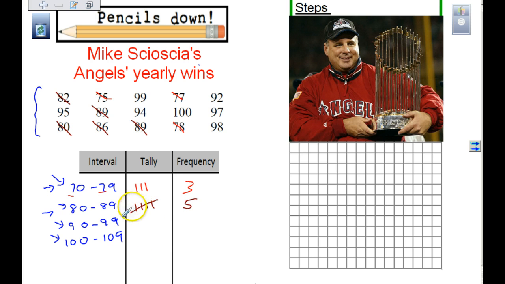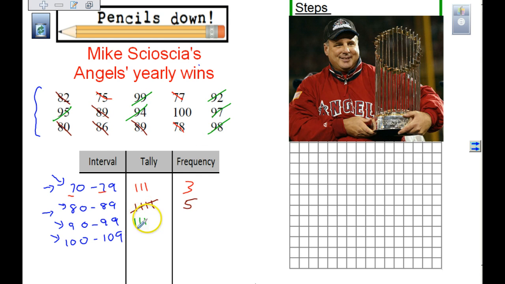If you don't know how to do tally, you usually do every fifth. You actually put a line through, so it's always groups of 5. So I did 1, 2, 3, 4, 5 is the diagonal. How many in the 90s? Okay. 1, 2, 3, 4, 5, 6.